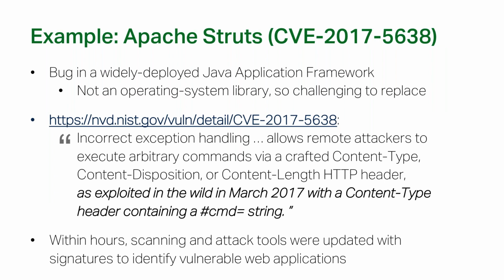Let's look at an example vulnerability and how a web application firewall could be used in real life to protect against the effects of that vulnerability. And we're going to pick the Apache Struts vulnerability, CVE 2017-5638.